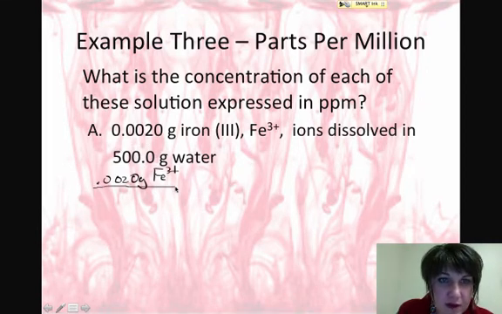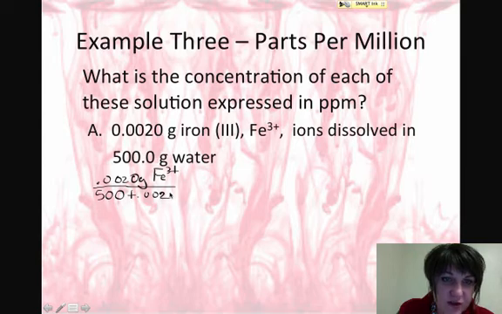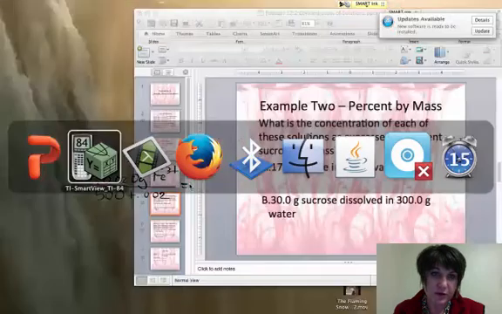Okay, let's divide by the total amount, but notice when I add 500 grams of water to the amount 0.002, I basically get something that's really close to 500. So it's not going to make a huge difference. I'll go ahead and put it in the calculator anyway, and we'll see what we get. The part we're interested in divided by the whole amount.